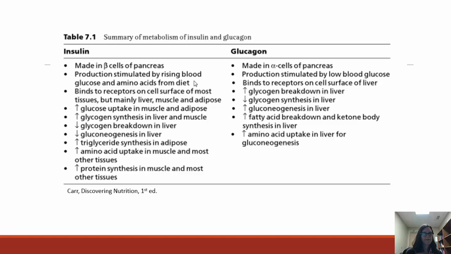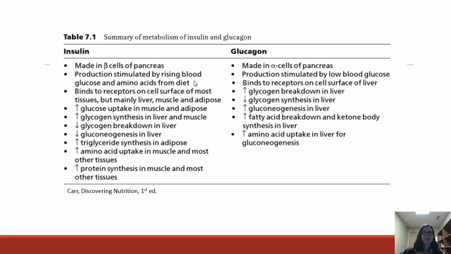and then we have increased glucose uptake in the muscles, increased glycogen synthesis, decreased glycogen breakdown and gluconeogenesis. We have increased triglyceride synthesis, increased amino acid uptake into the muscle and other tissues, and increased protein synthesis in the muscle and other tissues.